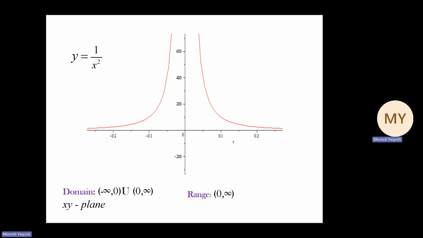Okay. So therefore, we conclude that the maximum height could be closer to infinity and the minimum height could be closer to 0. Therefore, we conclude that the range of this graph is from 0 to infinity.